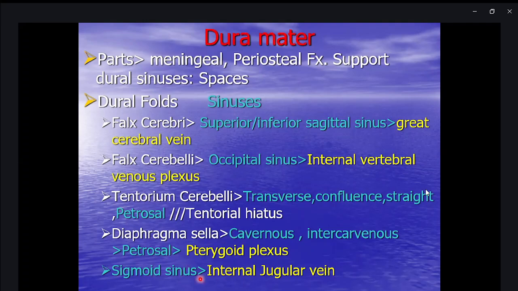And then the sigmoid sinus joins and drains into the internal jugular vein. So these are the dural folds supporting blood vessels as sinuses.